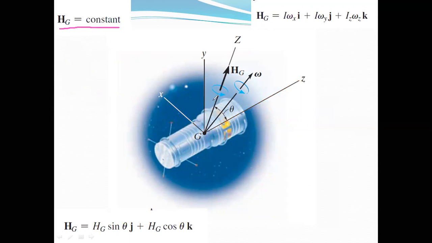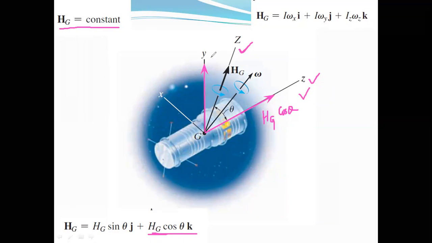Hg is constant. Now this hg, which we are assuming to be about the capital Z axis, we are assuming that the ground frame Z axis and the rotating frame z axis are at an angle theta with respect to each other. Therefore, we can resolve this hg into two components. One component will be along the z-axis, and another component will be along the y-axis like this. So this is hg, this is hg cos theta, and it's along the z-axis, along k cap, that's written here, hg cos theta k cap.